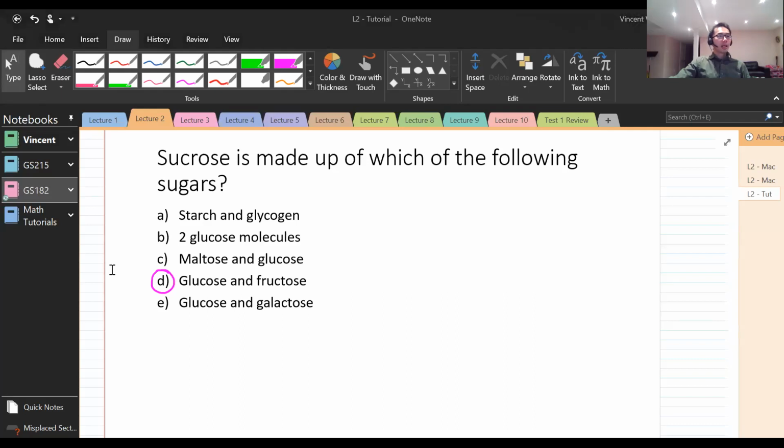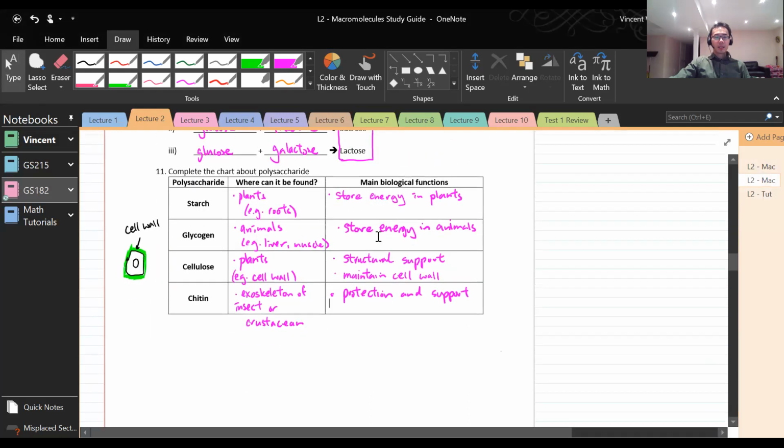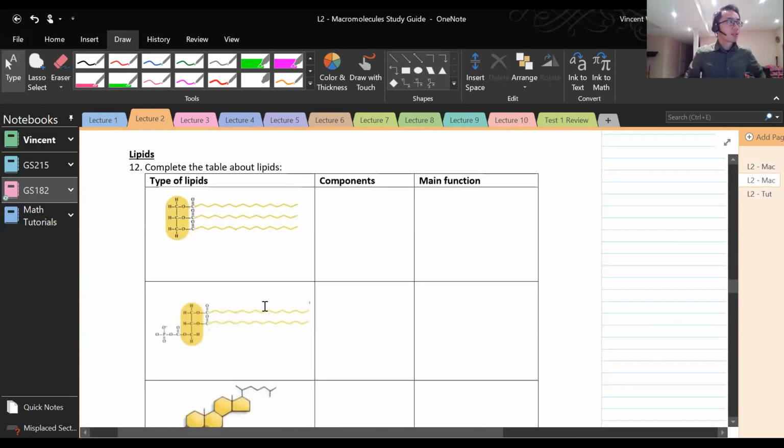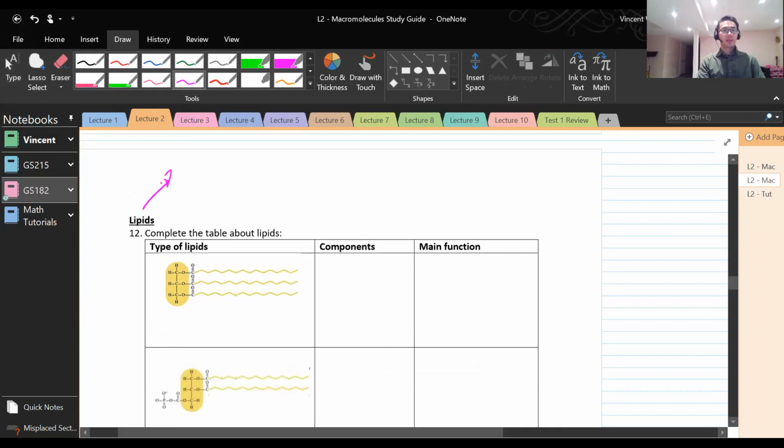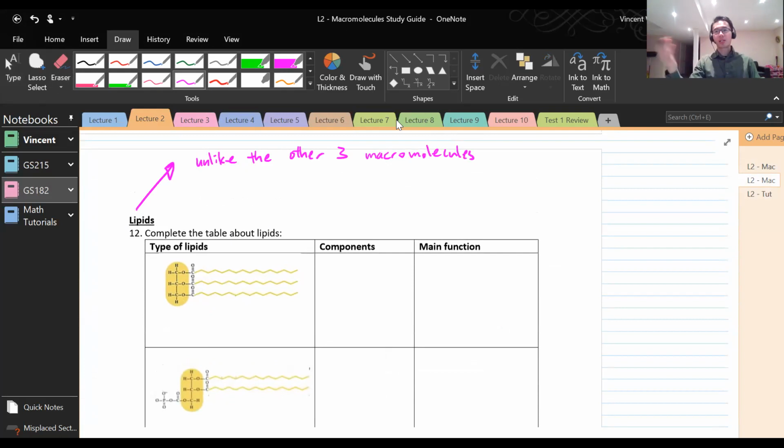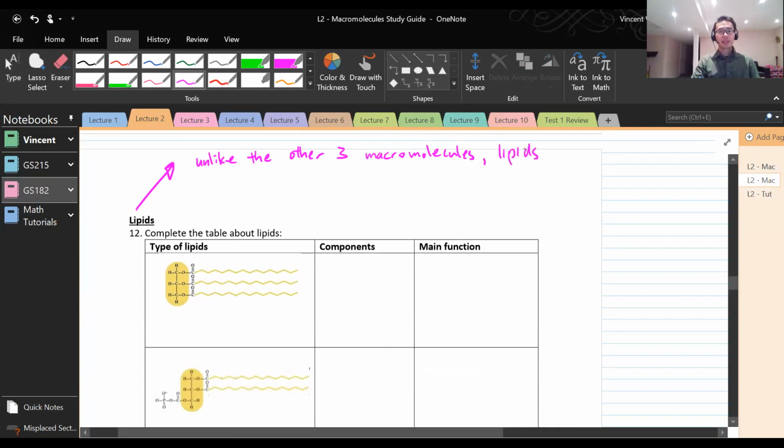All right. Next, we will have lipids. One key thing to note for lipids is that unlike the other three macromolecules, carbohydrates, proteins, and nucleic acids, lipids are not all made up of repeating monomers.